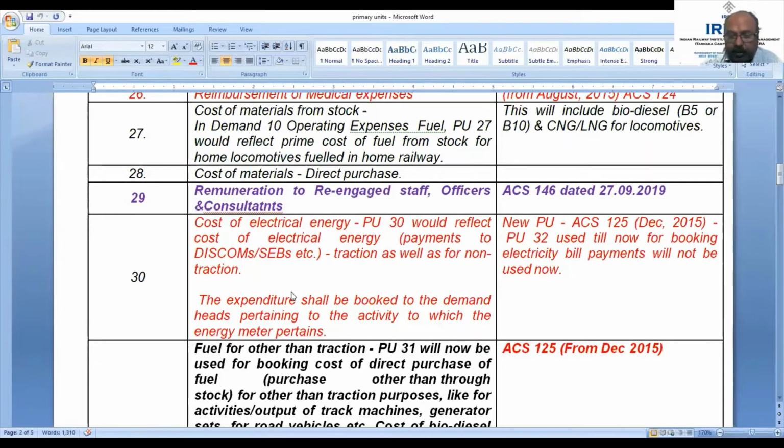So this PU 30 books all payments to DISCOMs, that is the distribution companies or state electricity boards, for traction as well as non-traction. That means even office electricity bills, administrative office electricity bills, as well as traction for running the trains, are all under the single PU 30. This is very, very important.